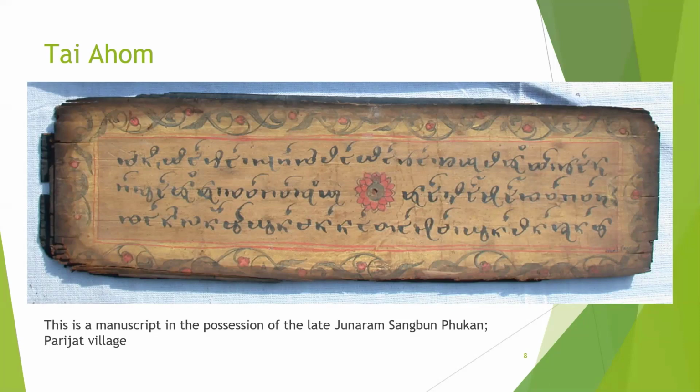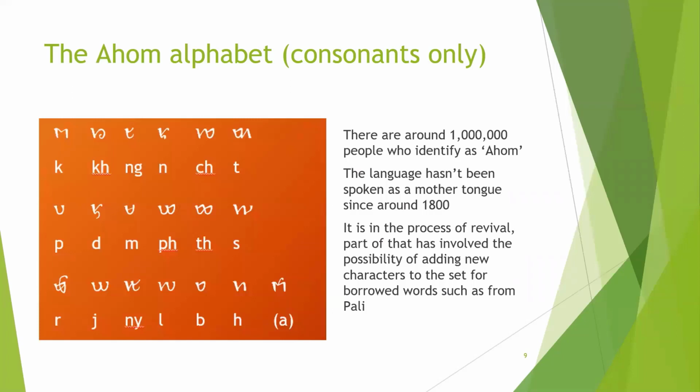And we've got some good photos of it, which is really good to have. Beautiful painted manuscript made on the bark of a particular tree, which is called the Hasi in Assamese, and I've forgotten what its scientific name is. Okay, the Ahom alphabet has this set of consonants.